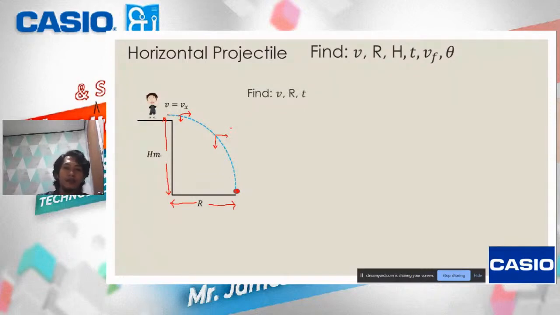So sa v, r, and t muna tayo. So since our velocity is equals to distance over time, at yun sa ating equation kanina, and we know that our velocity is equals to v of x, and the distance traveled along v of x is equals to r, therefore, r is equals to vx. Okay?